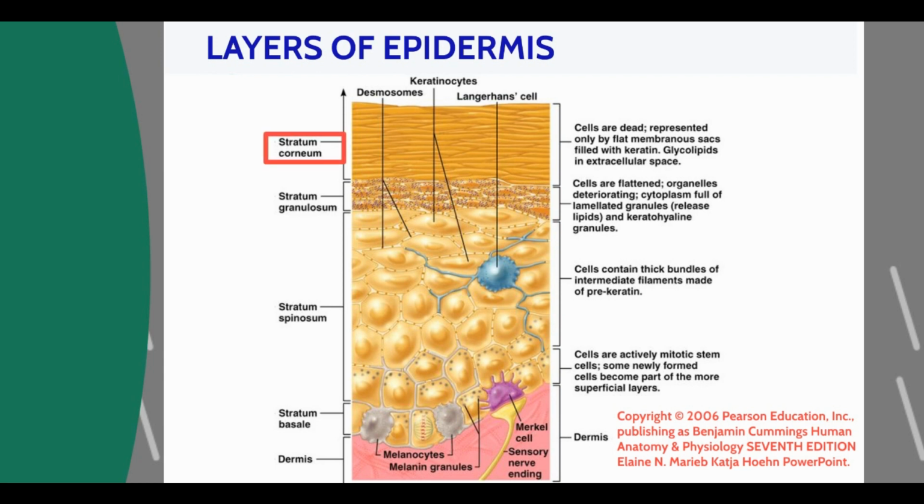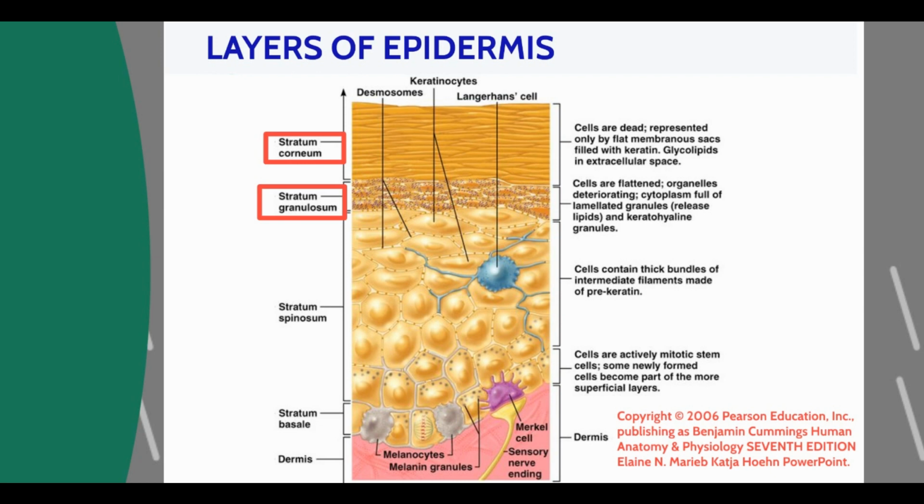So, let's talk about the 4 layers that I want you to know. You have the outermost layer, which is, for lack of a better term, dead cells that are stacked on top of each other. That is called the stratum corneum. So the stratum corneum is the outermost layer. It has a lot of dead cells stacked on top of it. Next, we have the stratum granulosum.